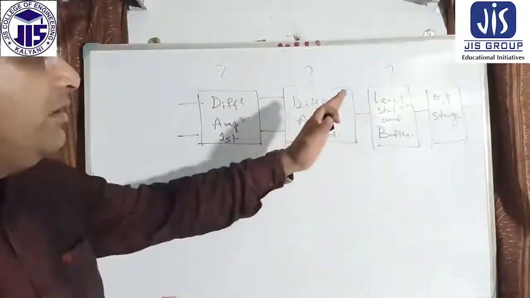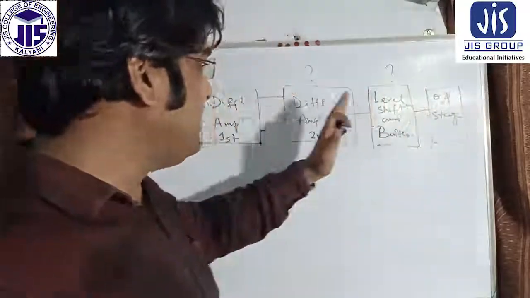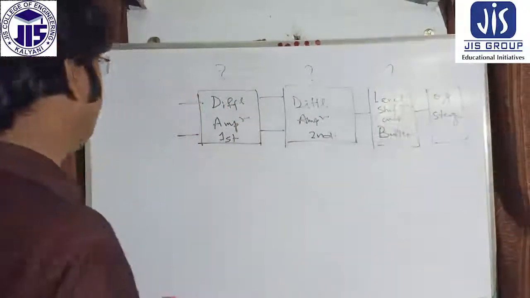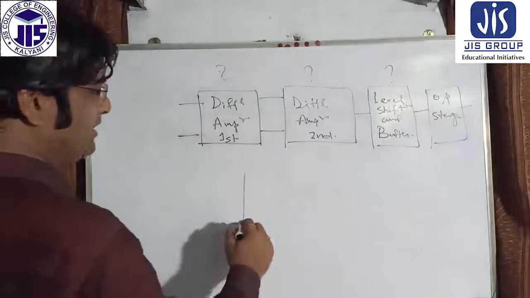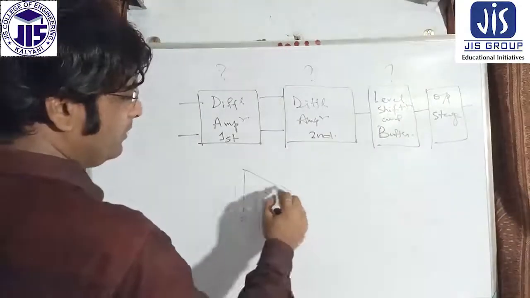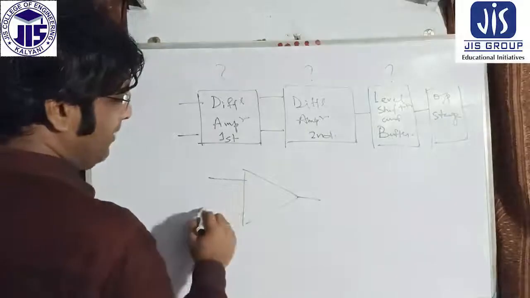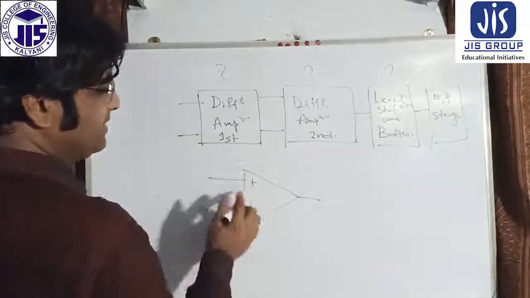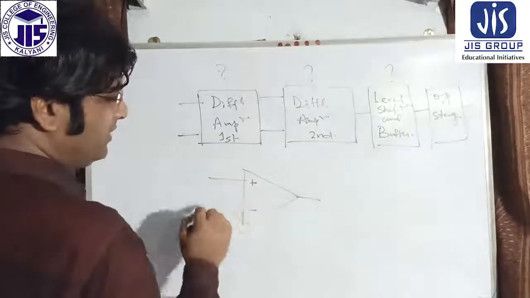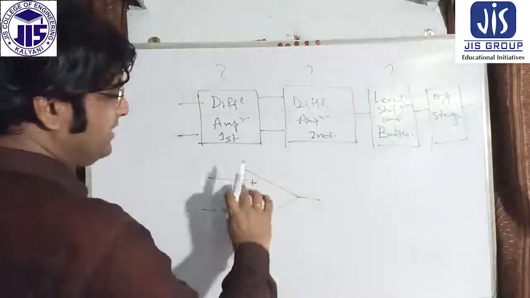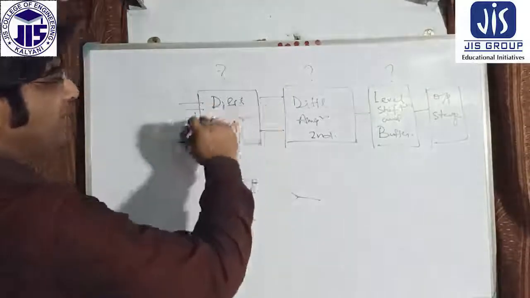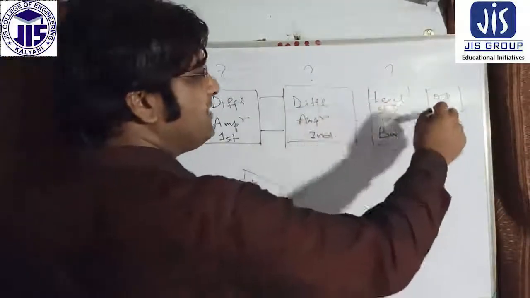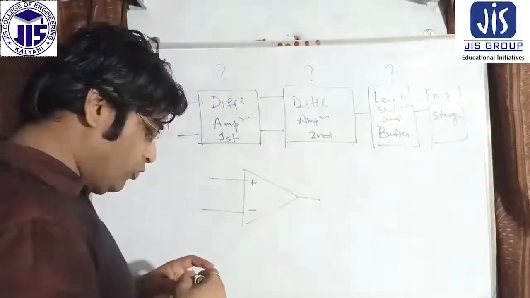So this is the basic block diagram of the inside of the operational amplifier. If you consider this is the op-amp, this is plus, this is minus, that means non-inverting and inverting terminals. Inside, these two go into the first differential amplifier, then the second differential amplifier, then the level shifter, then the buffer, and then the output stage.